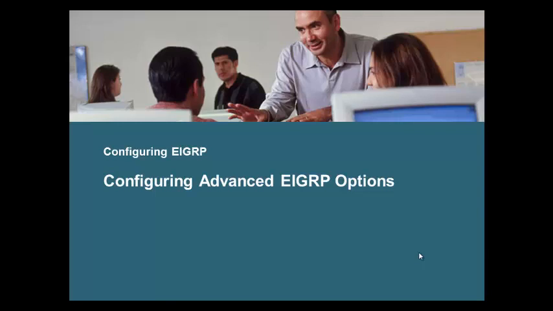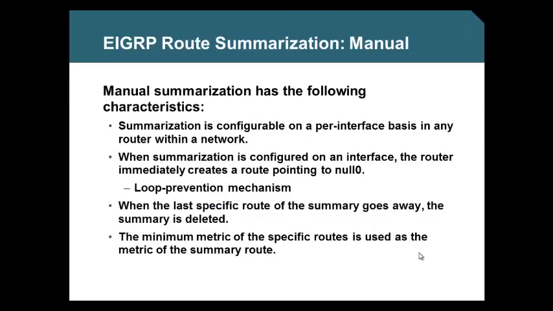For a route to be advertised, whether it is a summary route or a detailed route, the route needs to be seen in the routing table. So if you want a summary route, that summary route should be there in the routing table. EIGRP takes care of that summary route. The summary route will be pointing towards the null interface. So these are the things that we saw earlier in the summarization class.